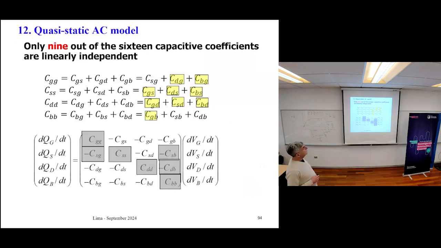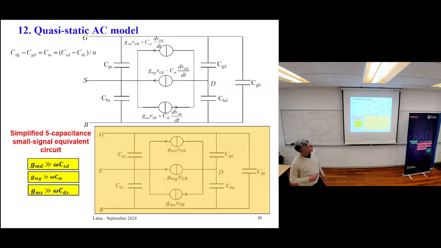Okay, but in fact, you don't need all of these capacitors. For the usual problems, you need only five. So the model can be reduced, I would say, first to 1, 2, 3, 4, 5. These are usual capacitors, but you have also capacitors here in this voltage controlled current source. You see that this capacitance depends on the derivative of the drain voltage with respect to the voltage.